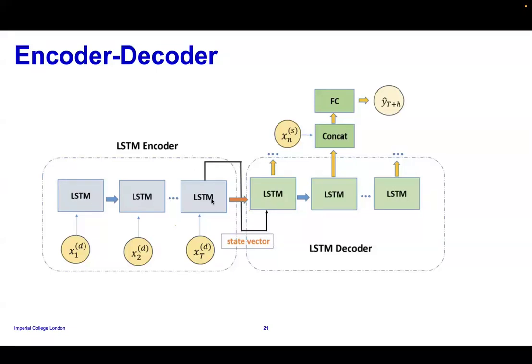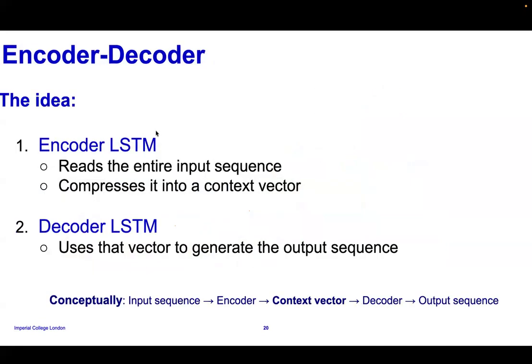The final thing here is passed into the decoder, and it is called the state vector. All the information in the LSTM encoder is compressed into a single vector called the state vector, and the decoder will decode everything to give the output. The encoder LSTM reads the entire input sequence and compresses it into a context vector.